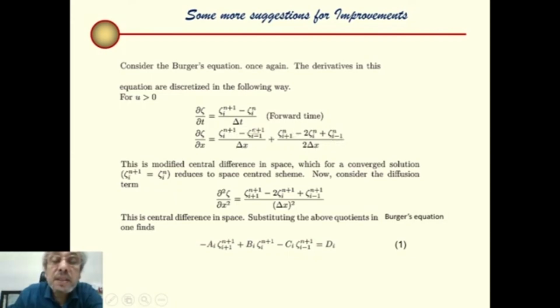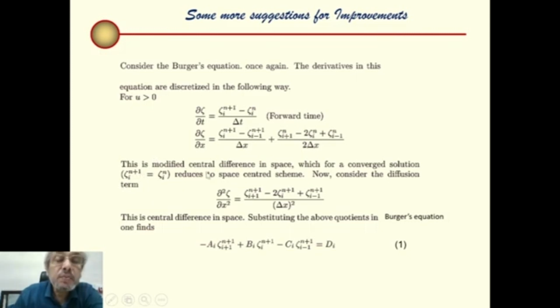So at the n plus 1th level, we are involving the upstream point since u is positive, and we are writing basically rearward difference, and we are adding a central difference term, specially a central difference term for the first order derivative at nth level.